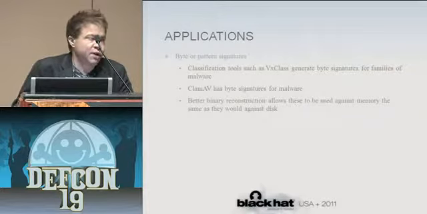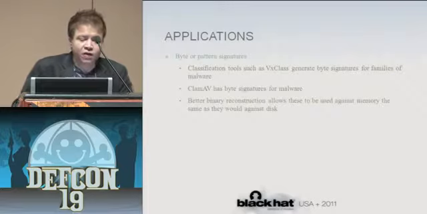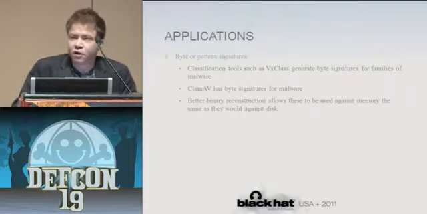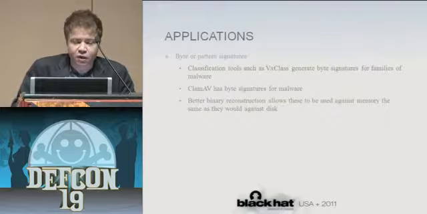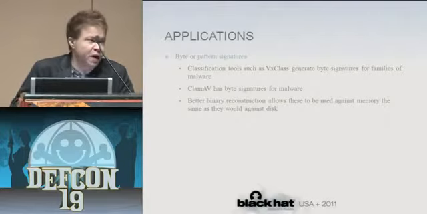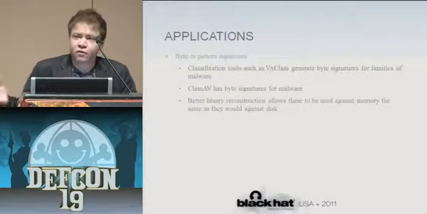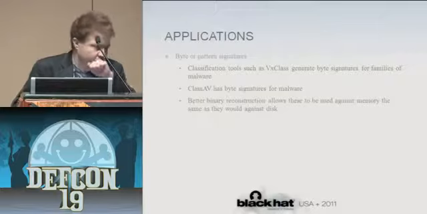So I think the last time I downloaded ClamAV, they released 40 signatures that they classify as byte pattern. I didn't look at what the database is and what those signatures represent, but there are 40 signatures in there that now we'll be able to use in memory analysis. So we're trying to use the tools that we already have and apply them in a triage scenario.